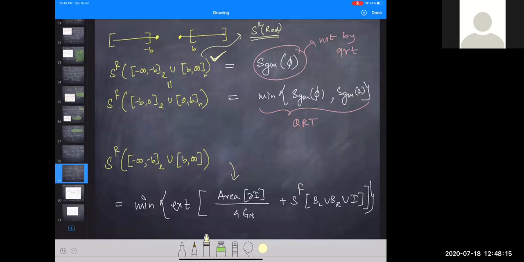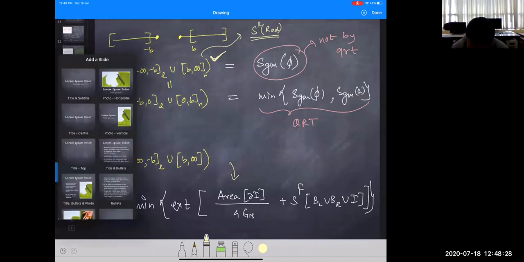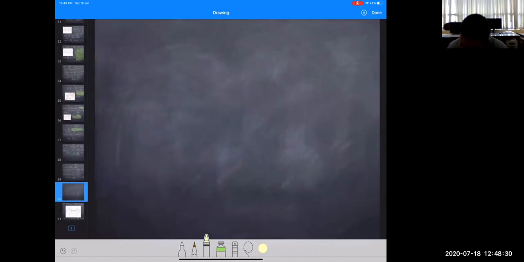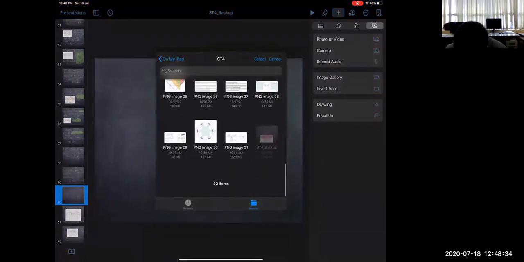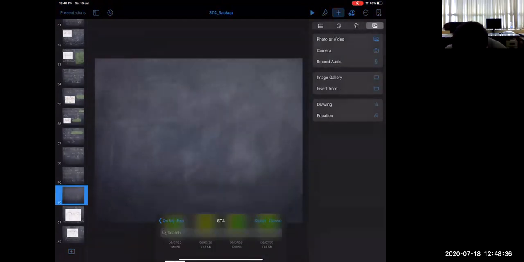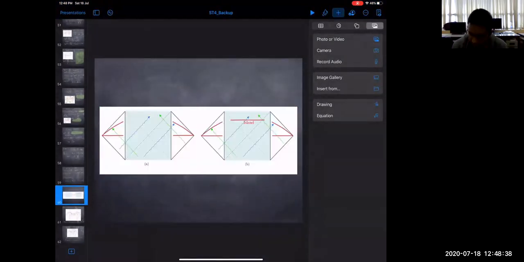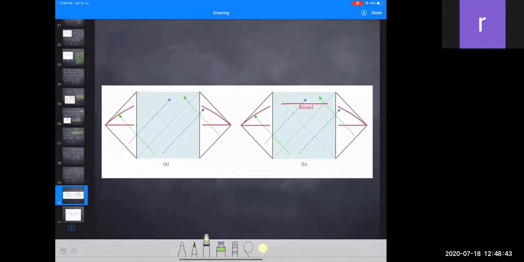Nice. Okay. Rohan had his hand raised. Rohan. Yeah. So basically, the radiation entropy keeps on increasing with the island, is it? Yeah. So let me add this diagram, which is easier. Figure A is the figure where you're not considering any island.